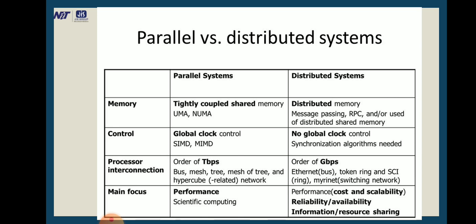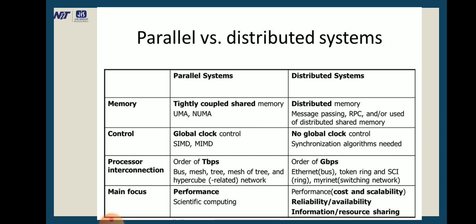The main focus of parallel systems is on scientific computing, whereas in distributed systems the main focus is on performance, cost and scalability, reliability, availability, and information and resource sharing. Parallel computing is a type of computation in which many calculations or executions of processes are carried out simultaneously.